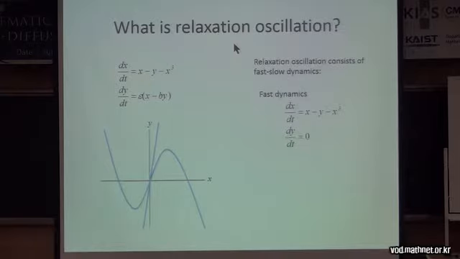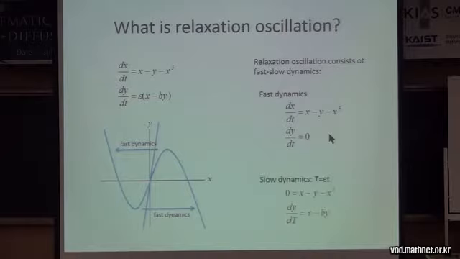In this case, the equation includes a small parameter like this. As the fast dynamics, putting epsilon equals 0 like this, we get this equation as the fast dynamics equation. Then the dynamics according to this equation is like this.